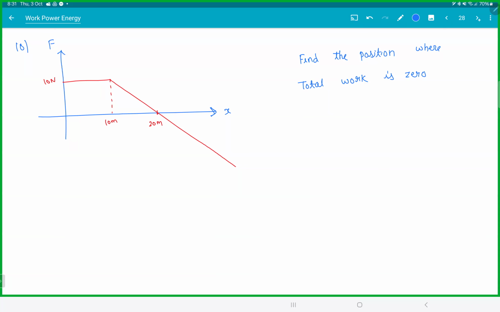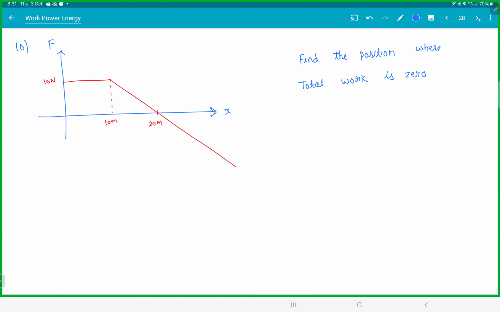Root 3, 10 root 3. 20 plus 10 root 3. That looks right.